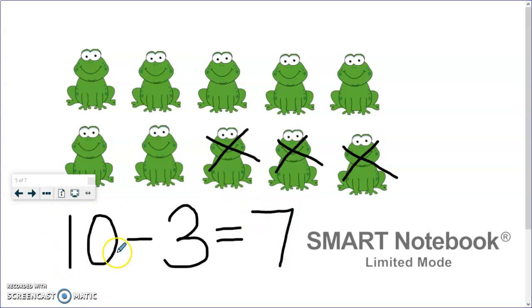That means that 10 frogs minus 3 equals 7 frogs left at the pond. So if we had 10 frogs that were sitting at the pond and 3 of them went away, that left us with 7 frogs at the pond.